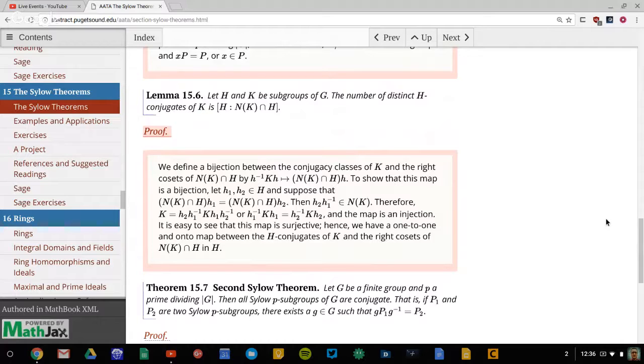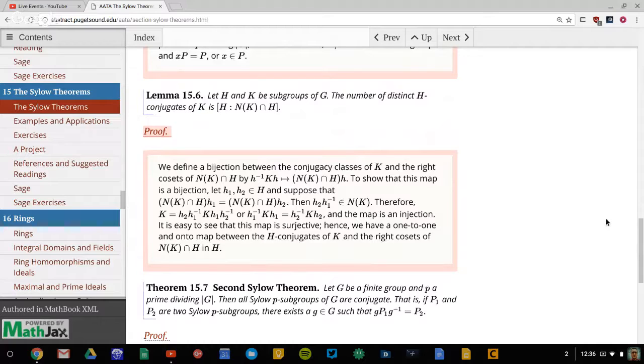So the conjugation of K by this product element, h2 h1 inverse, and then the inverse of h2 h1 inverse is h1 h2 inverse. Remember, the inverse of a product is the product of the inverses, but in the opposite order. So the inverse of that is h1 inverse inverse, which is h1, times h2 inverse.